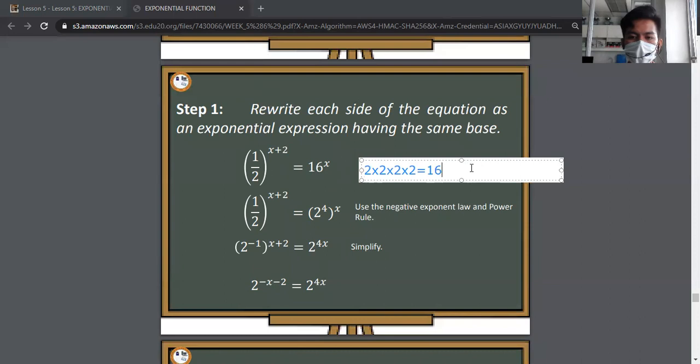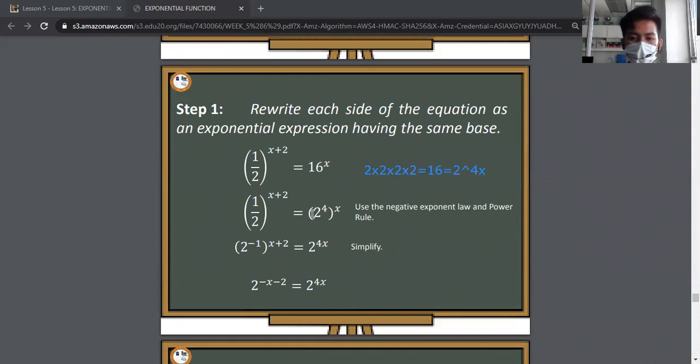Okay po? Then 16 is equal to 2 raised to 4. Then isasama po natin yung variable po natin x. So 4x. So ito na po yung sagot po natin, 2 raised to 4x.